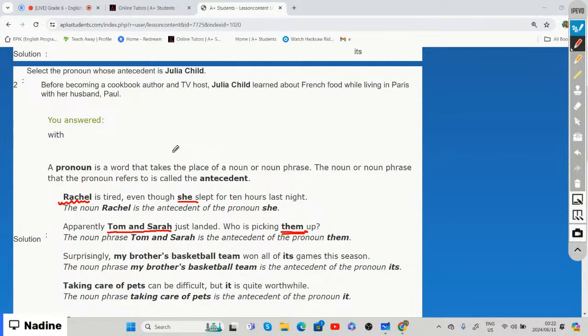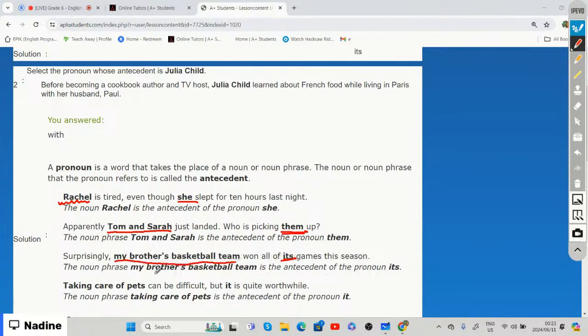And the same with my brother's basketball team, right? It says, surprisingly, my brother's basketball team won all of its games this season. So my brother's basketball team is a noun phrase, and the word its is our pronoun that refers back to my brother's basketball team.